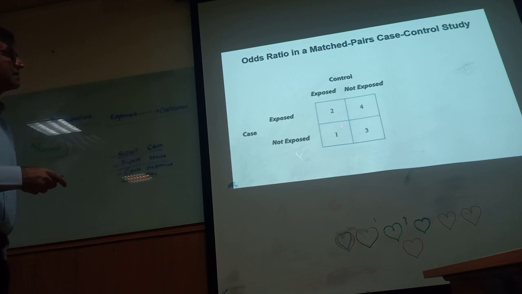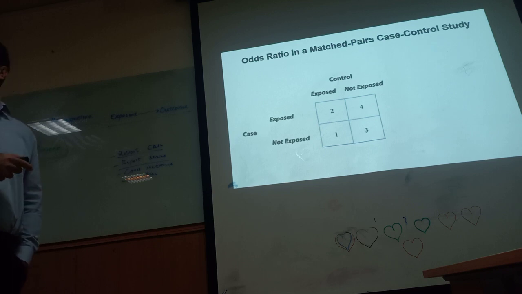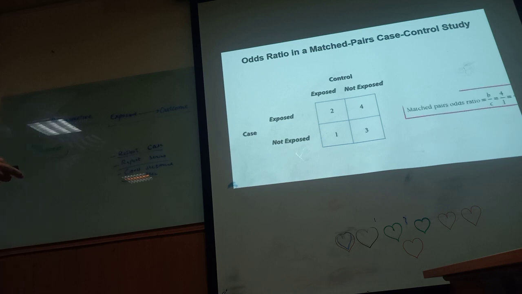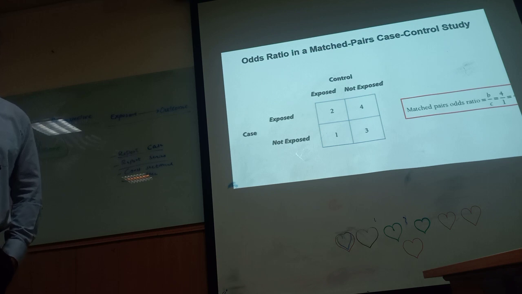And in those pairs where the control is exposed but the case is not exposed, it's opposite to our hypothesis. Yes? So the odds ratio is calculated by dividing the number of pairs in favor of our hypothesis by the number of pairs opposite to our hypothesis. So the matched pairs odds ratio is calculated by dividing B by C.